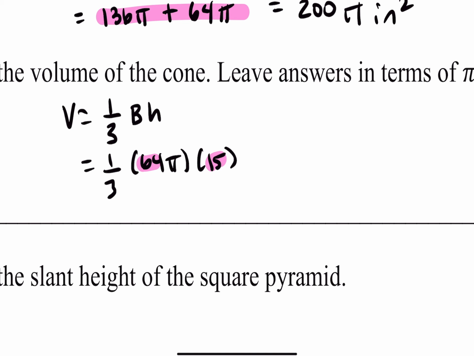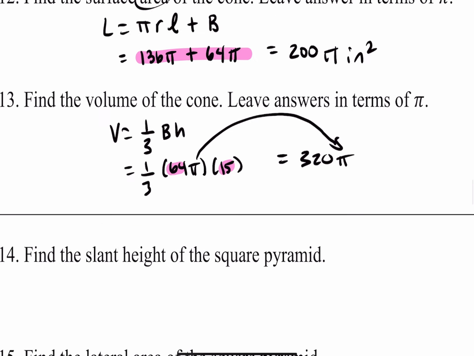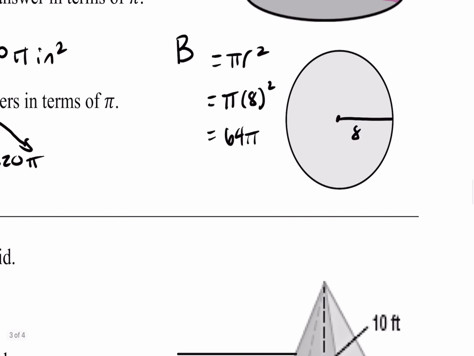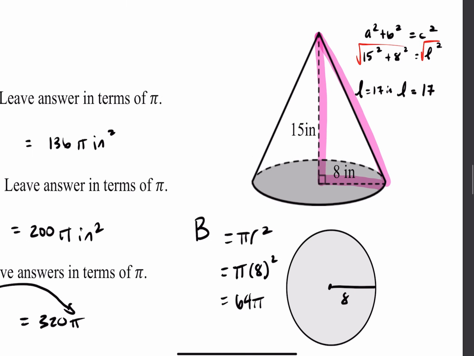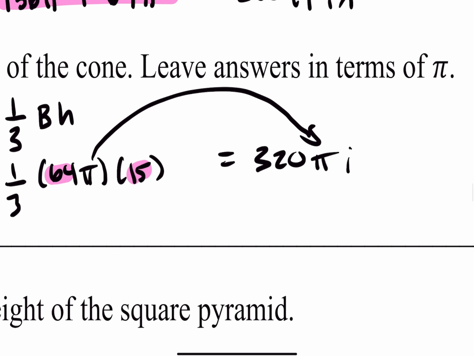You got 960, and then I'm going to divide that by 3. So, in other words, what's 1/3 of 960? 320. So, equals 320, don't forget that pi, 320 pi cubic inches.